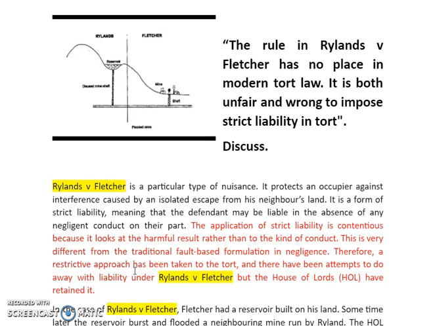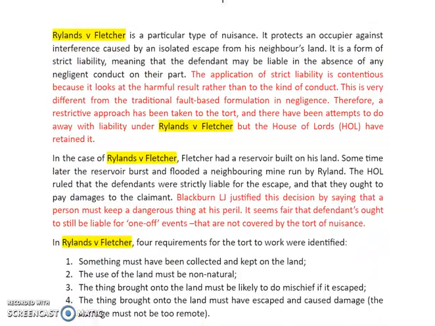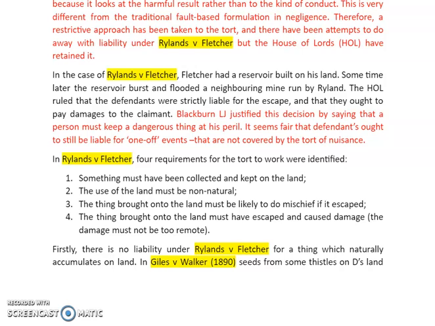So there have been attempts by the judges to try and get around it, but the House of Lords have retained it. So in that short introduction, you can see I've got a definition and I'm referring back to the question. I'm saying that, yep, strict liability is a bit controversial, and that leads me on to the next rule in Rylands.